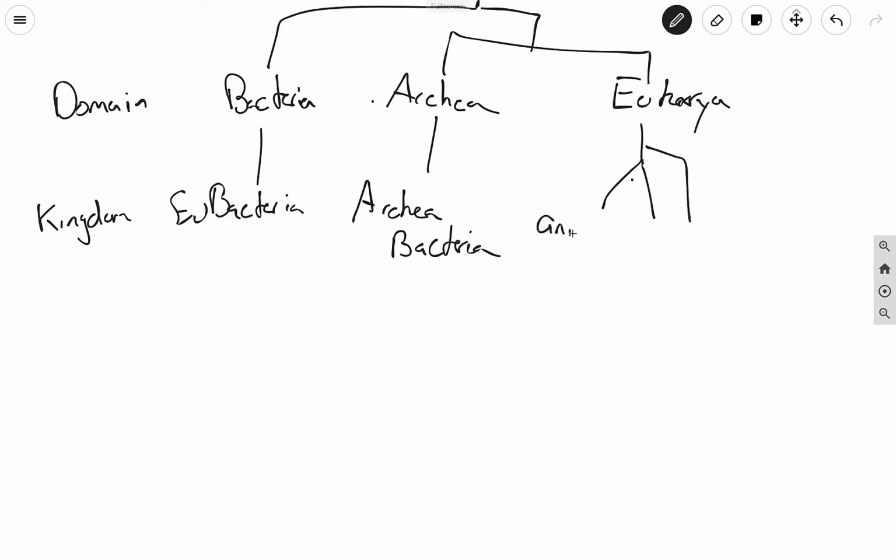So we have animals and fungus, which are more closely related to each other than plants. And then kind of amongst all of this, there are several other groups that branch off that we call the protists. And I put them in quotation marks because they are not a true kingdom. We can't just group them all together based on evolutionary relationships.